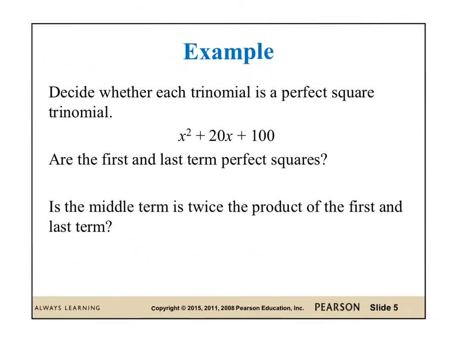So if you're going to use this one-trick pony, is this a perfect square trinomial? Well, since the first term's coefficient is 1, yes, x squared is a perfect square.